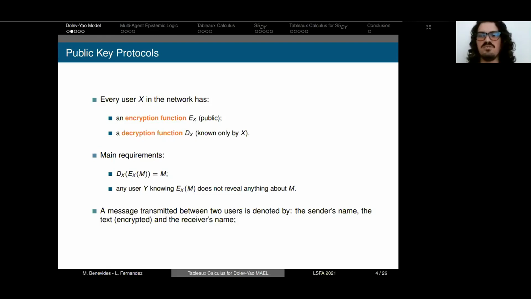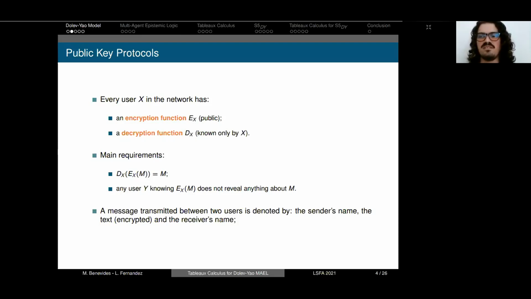Every other agent will use it to communicate with X, and a decryption function, DX, known only by X. As requirements, if you apply your decryption function to a message that is encrypted under your encryption function, you obtain the content of such message. And any user, while knowing EX(M), does not reveal anything about M, since only X has this decryption function.